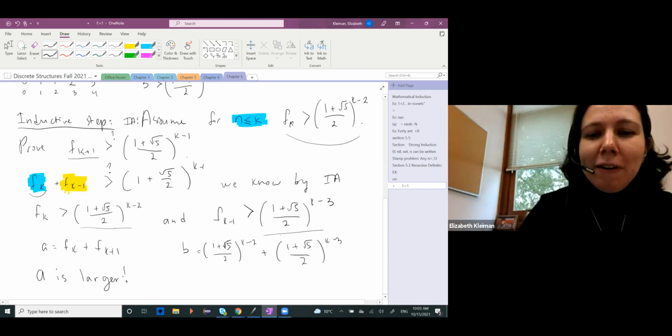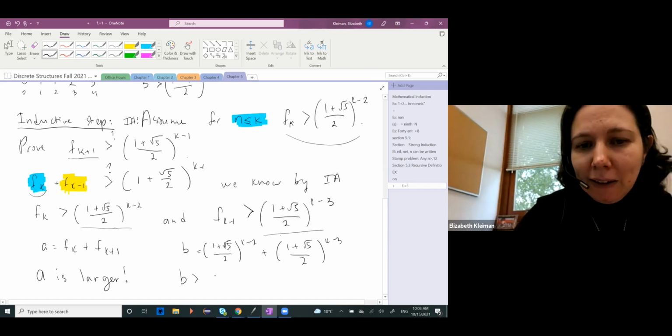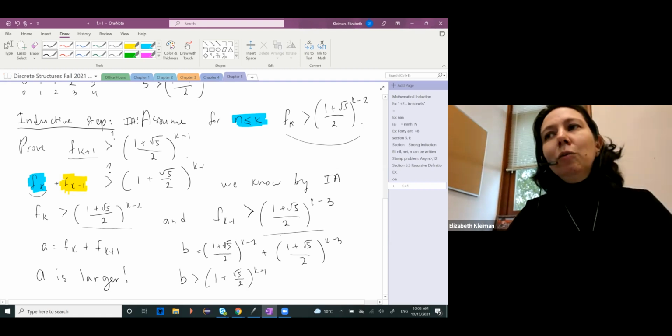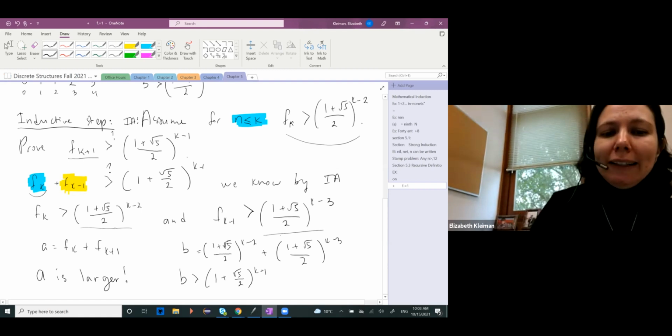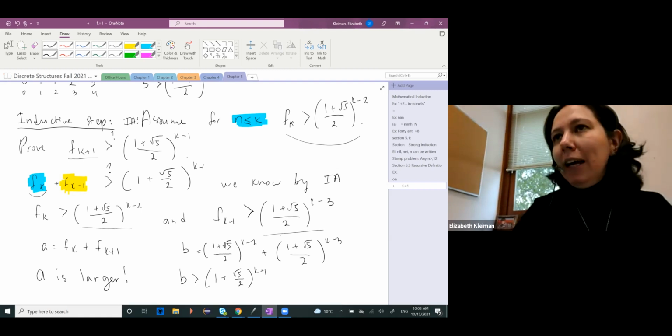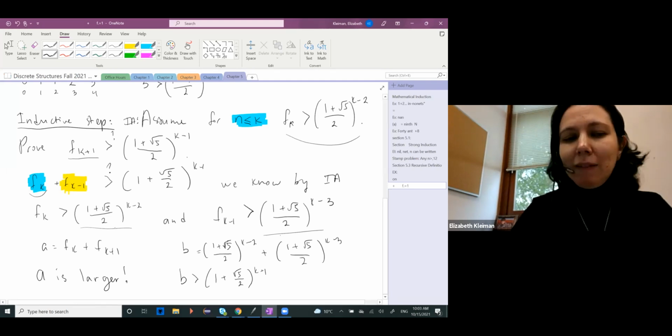Now, if I can show B is bigger than (1 plus square root of 5 over 2)^(k-1), is it going to be good enough? Is it also going to show that it's smaller than A? Well, let's see.